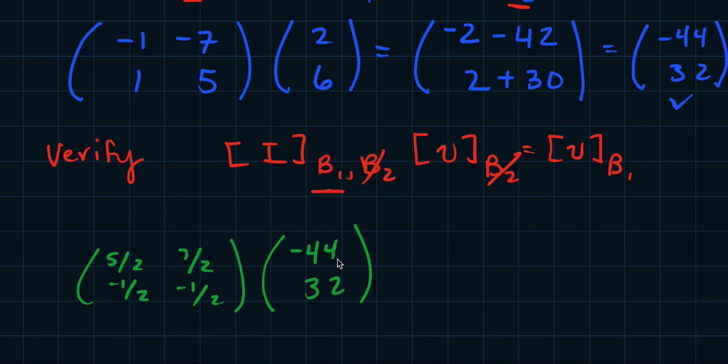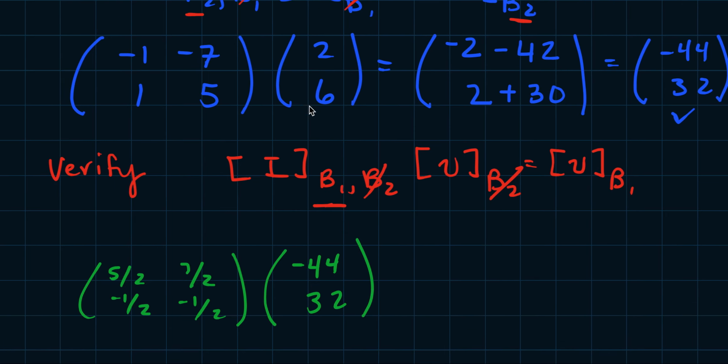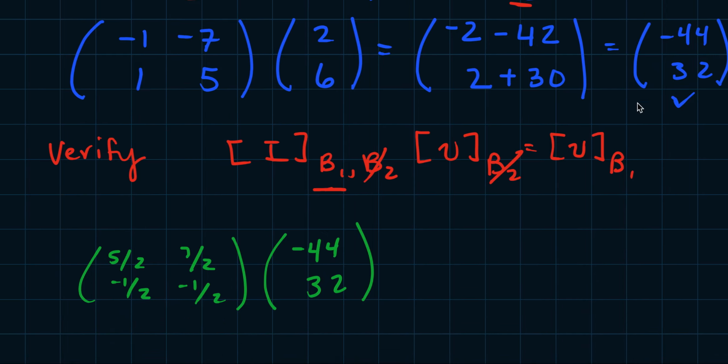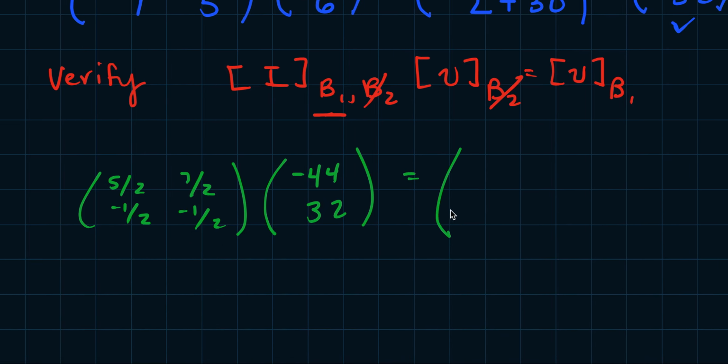If we have the right change of basis matrix, this product should give us this 2, 6. So let's see. This is equal to 5 over 2 times -44 plus 7 over 2 times 32.